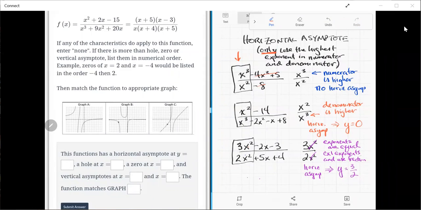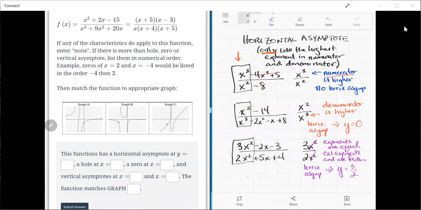There are three cases: either the numerator is higher, or the denominator is higher, or they're the same. So the numerator is higher, 3 is greater than 2. The denominator is higher, 2 is less than 3. Or they're the same; these both are x squared.